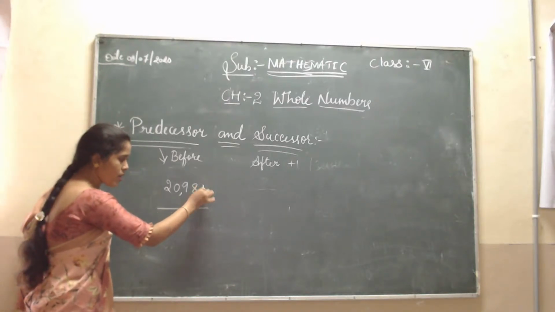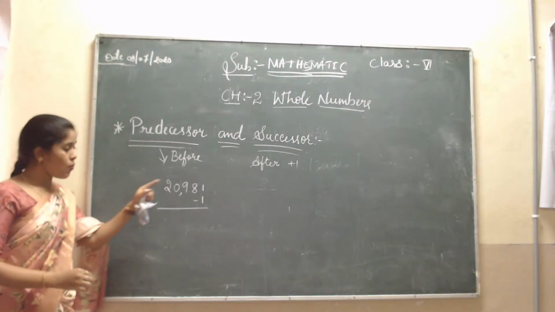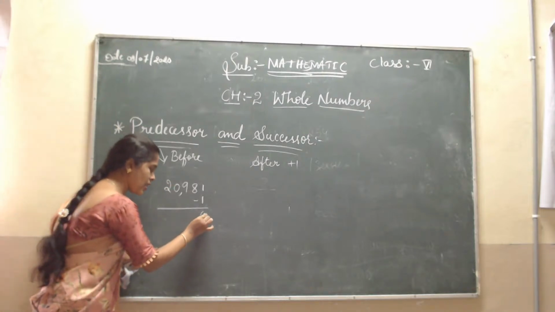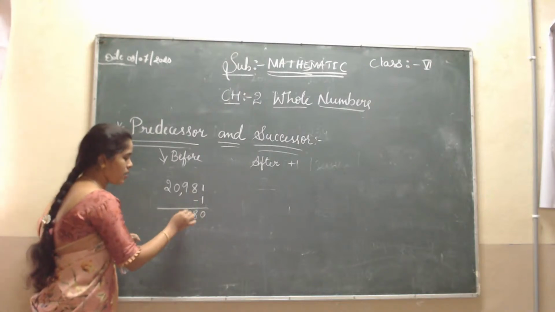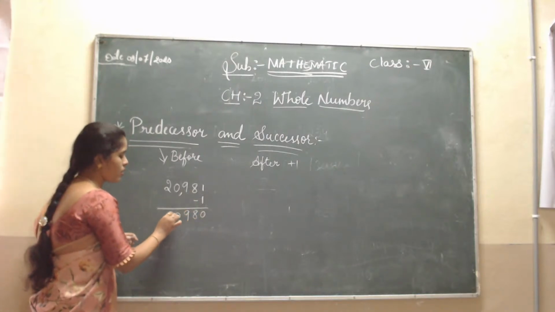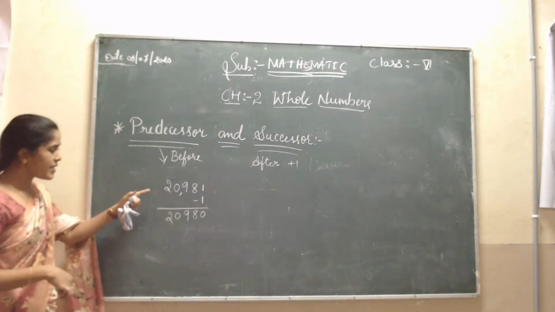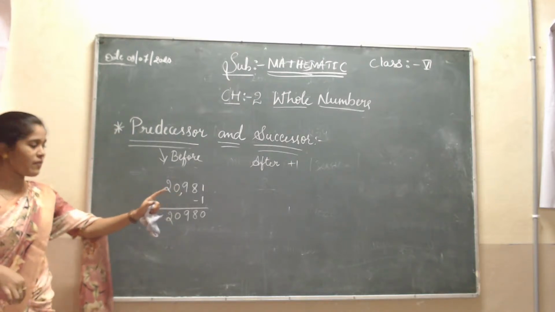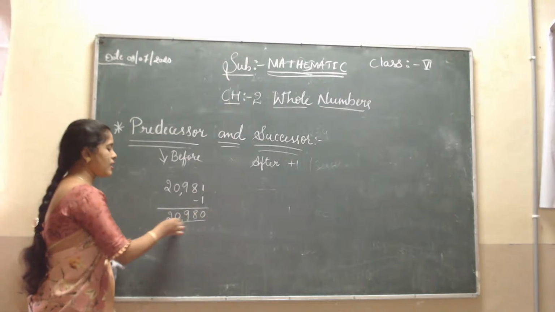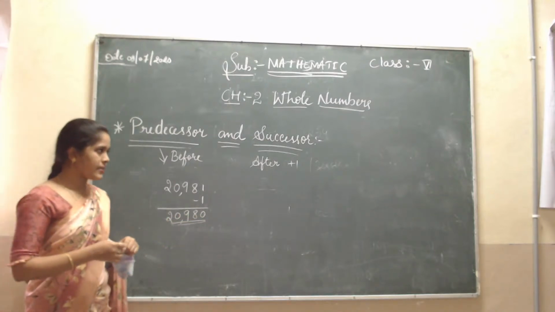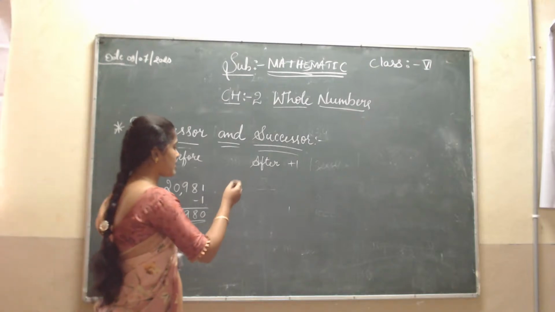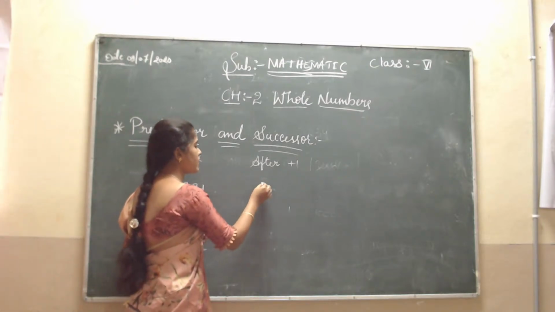See students, 1 minus 1 is 0, and keep all the other digits as they are: 2, 0, 9, 8. The predecessor of 20,981 is 20,980. Understood?